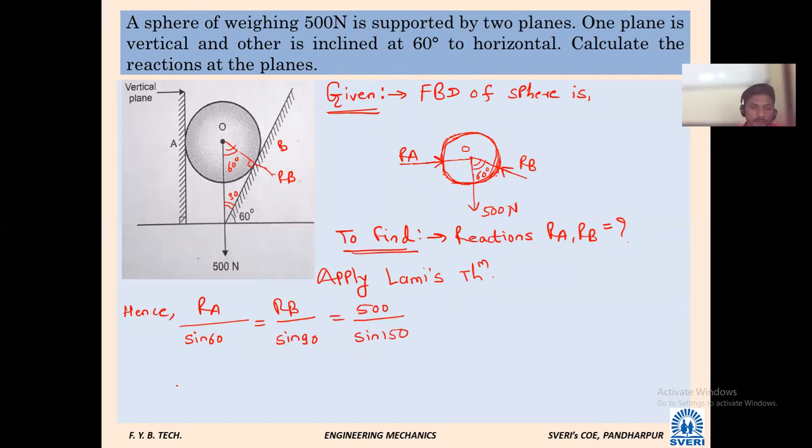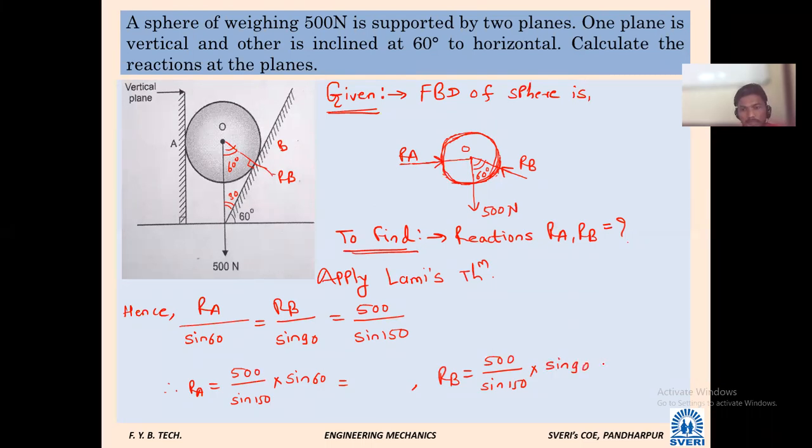Therefore, RA equals 500 divided by sin 150 into sin 60. Similarly, RB equals 500 divided by sin 150 into sin 90.